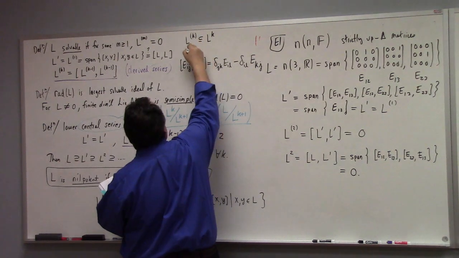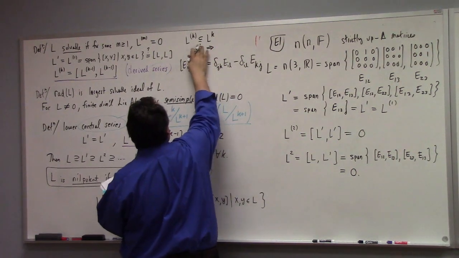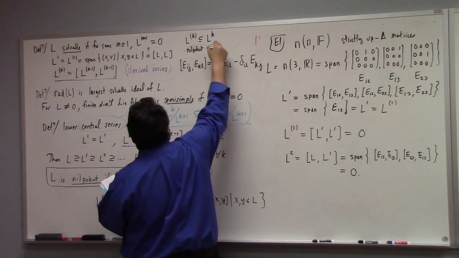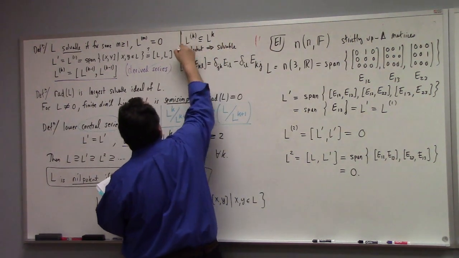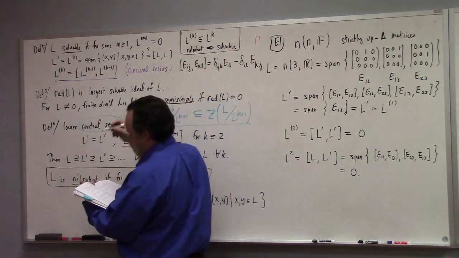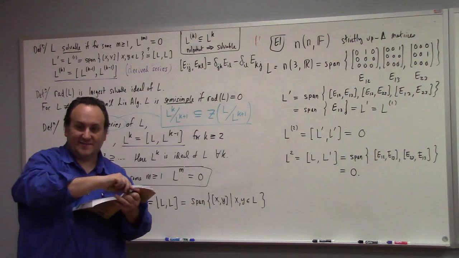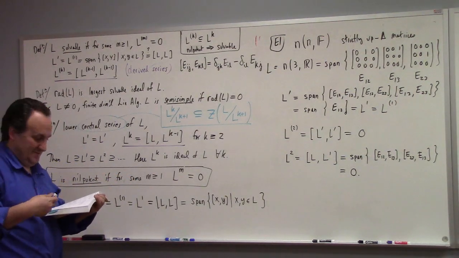So this means, excuse me, the other way around, right? Nilpotent implies solvable. These are different ideas, so rest assured that the other implication isn't always met, right?